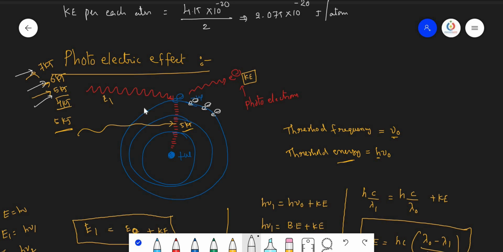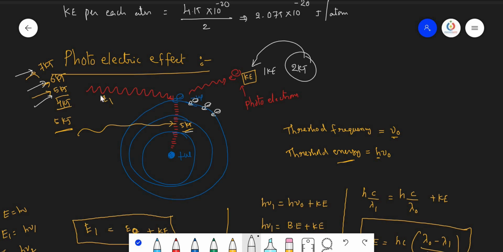When you send 5 kilojoules of energy, that is used by only one electron. When we send 6 kilojoules of energy, only one electron comes out, and the remaining 1 kilojoule is used for kinetic energy. And when you send 7 kilojoules of energy, 5 kilojoules is utilized by the electron, and the remaining 2 kilojoules is utilized for its kinetic energy.